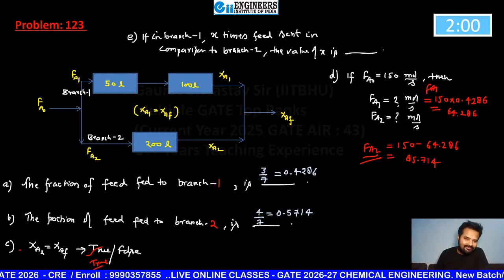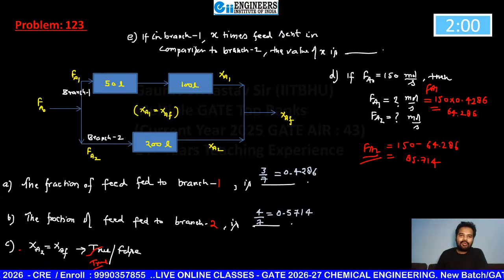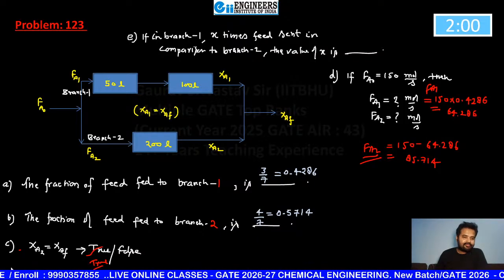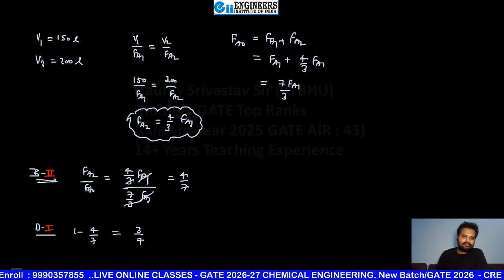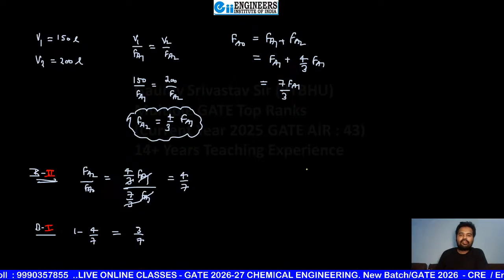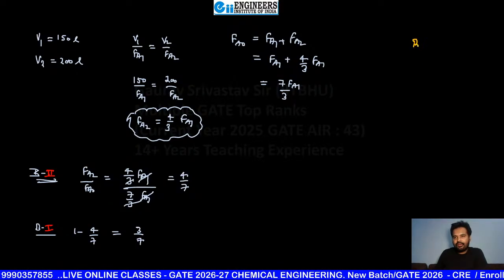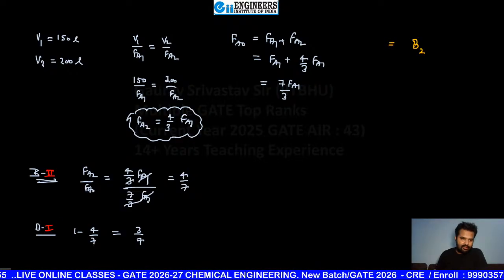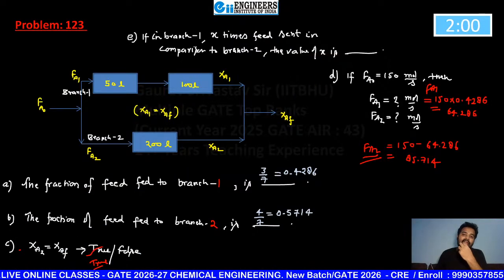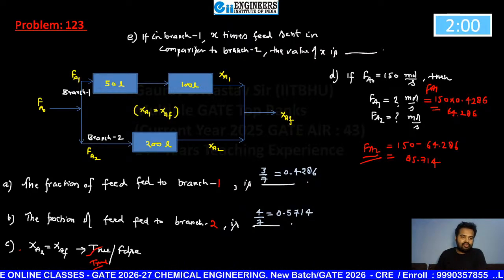0.75 confirm. So branch 1 is x times of branch 2. So clearly mentioned, see, in branch 1 x times feed sent in comparison to branch 2.